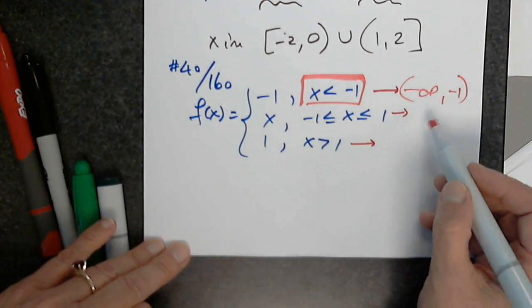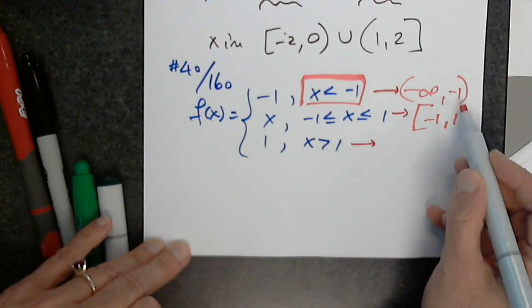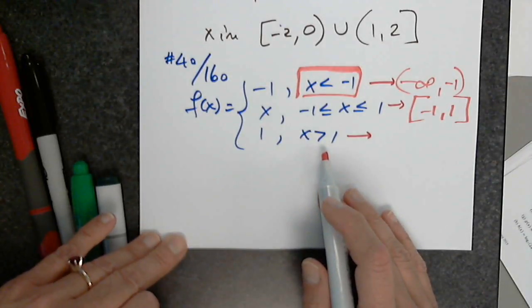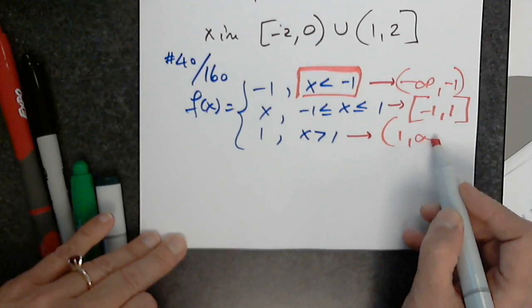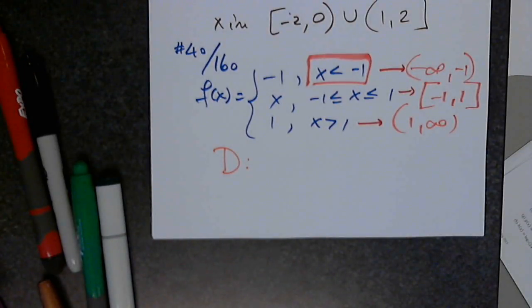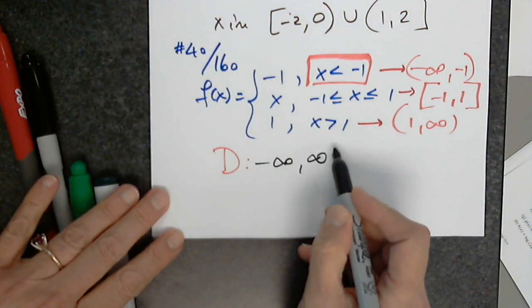This interval, -1 comma 1. And this interval, 1 to positive infinity. Now I can conclude something about the domain. The domain is negative infinity to positive infinity. Do you all agree with negative infinity to infinity, all real numbers?